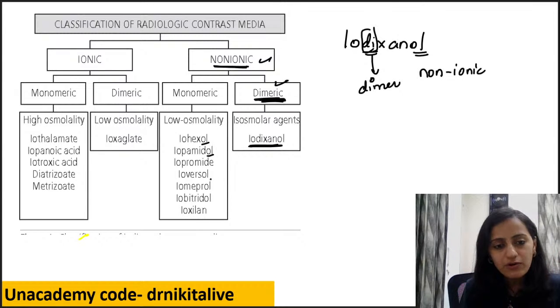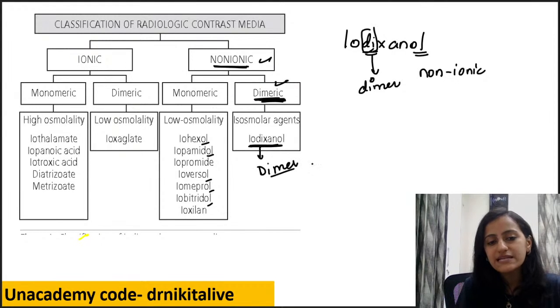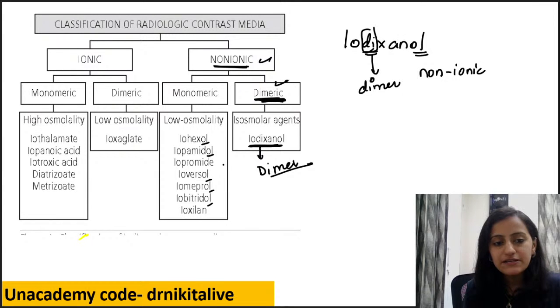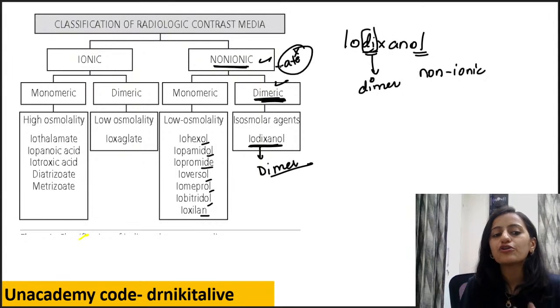Rest all of your OL would be your non-ionic monomer: iohexol, iopamidol, ioversol, iomeprol, iobutridol, whatever. Iodixanol is the only dimer; the rest are monomers. Even iopromide and ioxylan, not ending in ATE, are non-ionic.